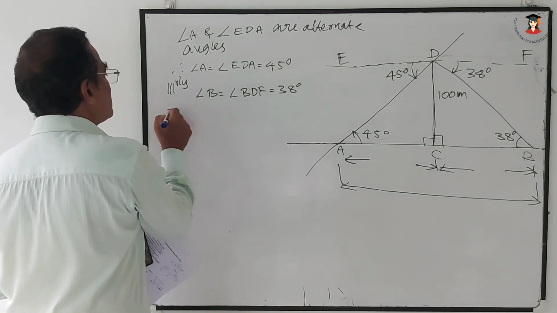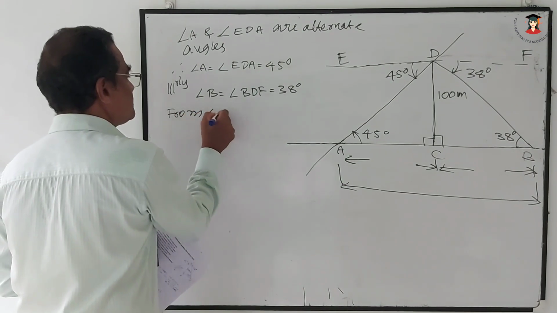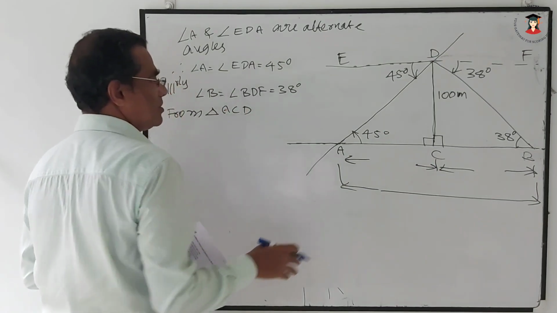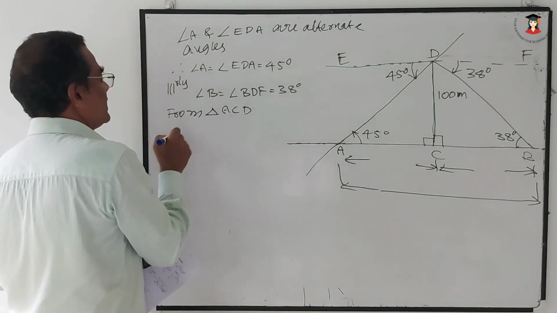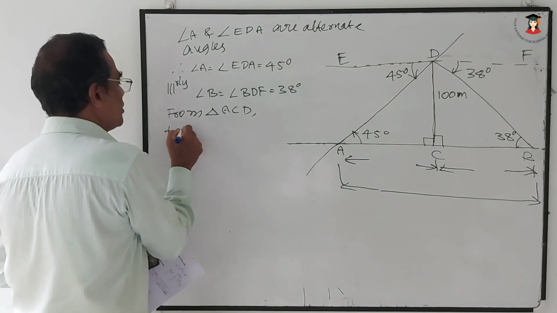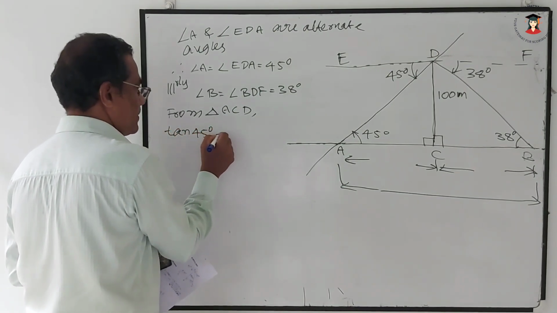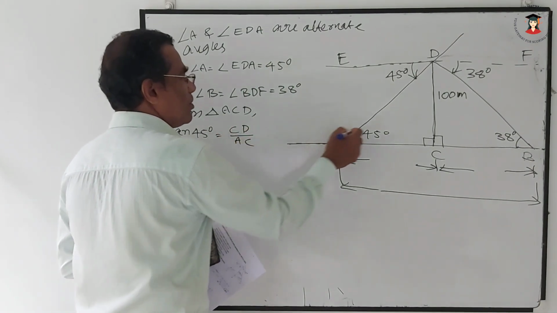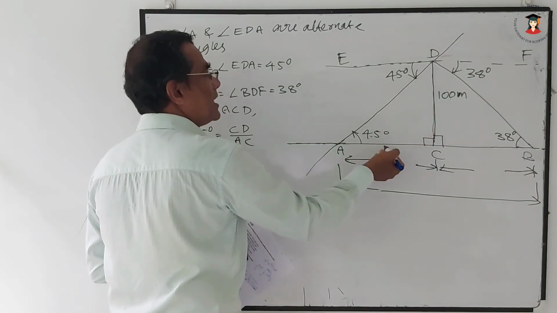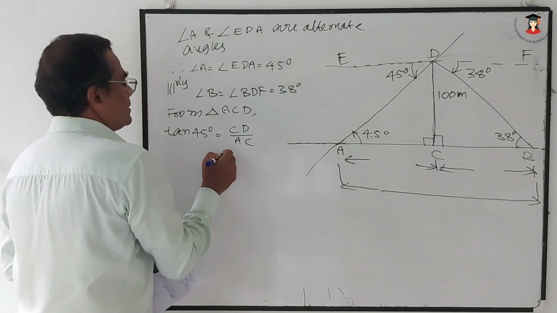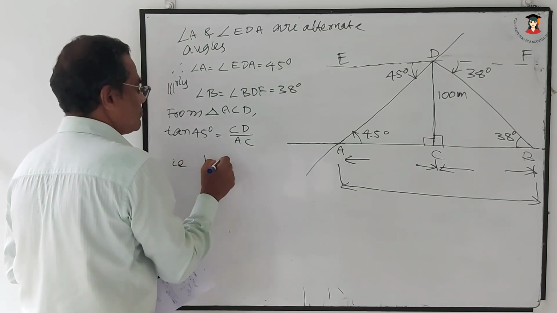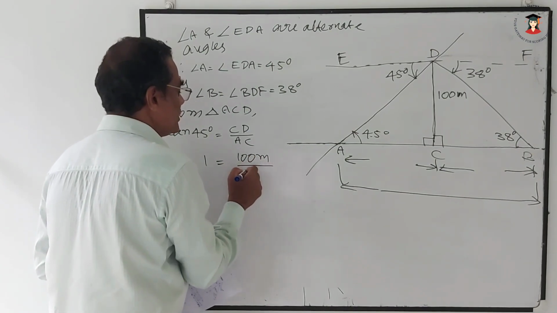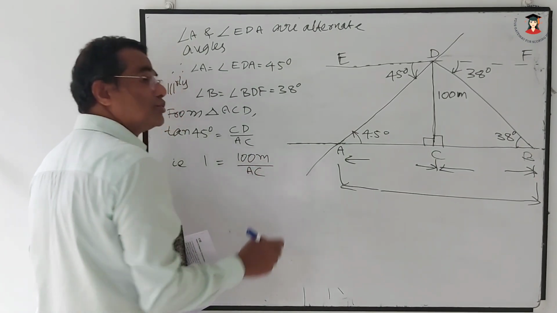So from triangle ACD, we need to find out AC. In triangle ACD, tan 45 degree equals CD by AC, opposite side of 45 degree by adjacent side of 45 degree. That is, tan 45 is 1. So 1 equals CD, which is 100 meter, by AC, which we need to find out.